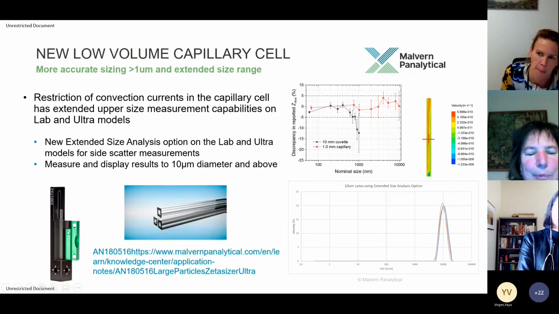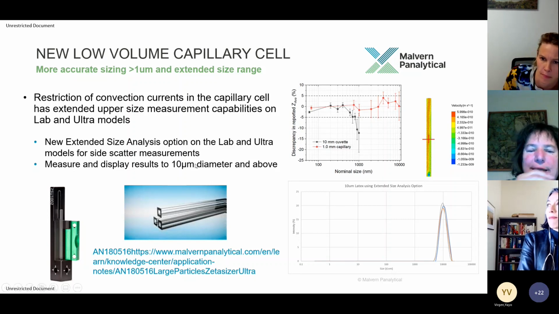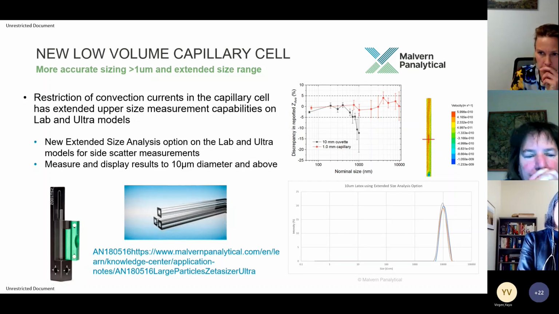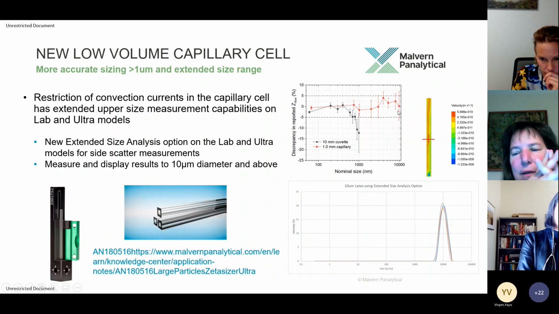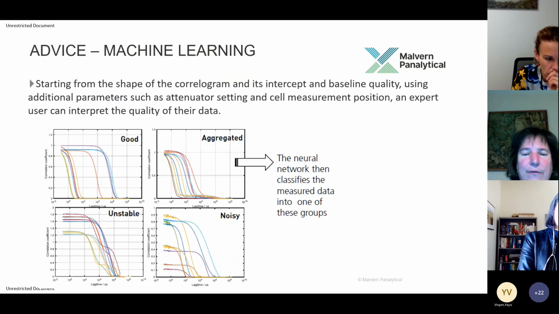I put them in this sample holder, and because of their size, they really restrict convection currents. Because of that, we've actually been able to make size measurements that were really very good at 10 microns and even a little bit above, 12 microns. We've gotten very good data in these unique sizing cuvettes.